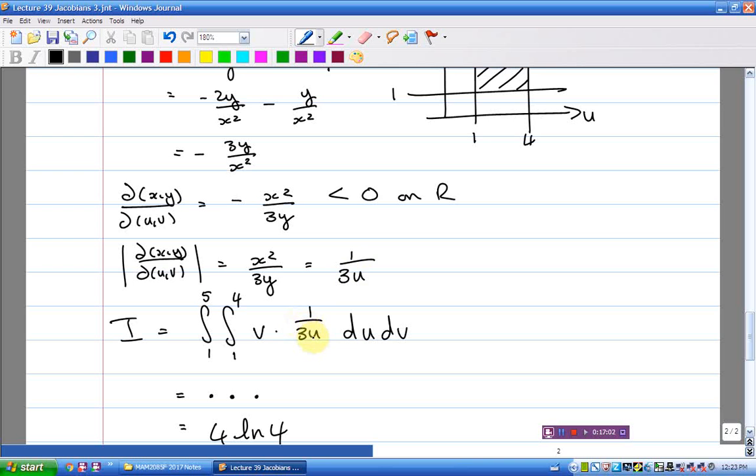I believe it's 96. So if you're really struggling to turn your xy Jacobian into a uv Jacobian, at least spend a moment to check to see if you plug it in with x's and y's still in it, does it actually cancel? Because that is a possibility. If it doesn't, then you just need to be creative and somehow make this using these, because you can't actually integrate while x's and y's are still there.